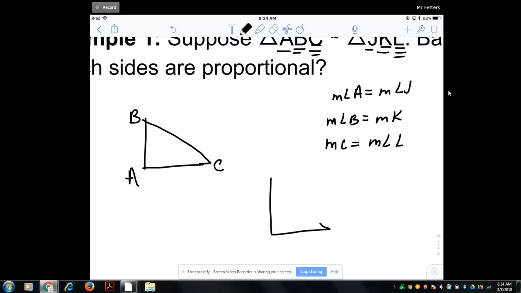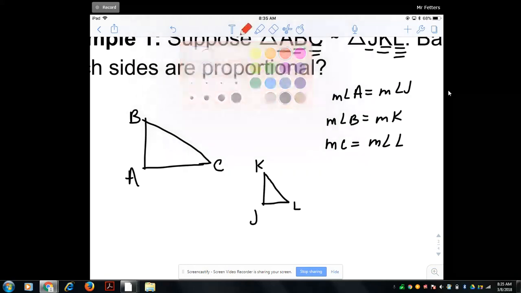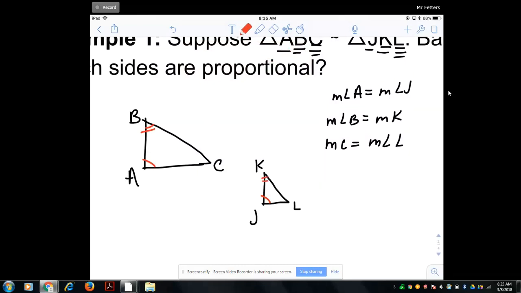So then I want to make this one a little bit smaller because it's similar but not congruent. So this would be J, K, L. So in this, what this is telling us is that angle A and angle J, they're equal. Angle B and angle K are equal. Angle C and angle L are equal.